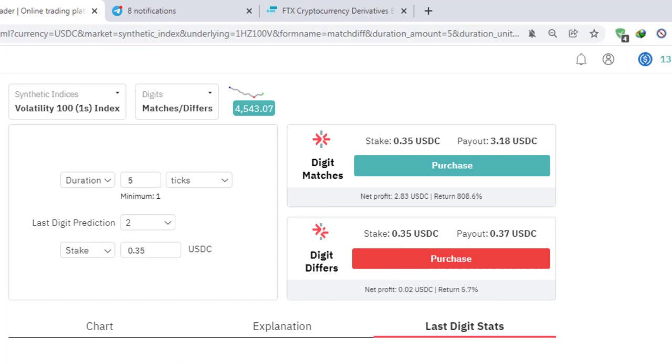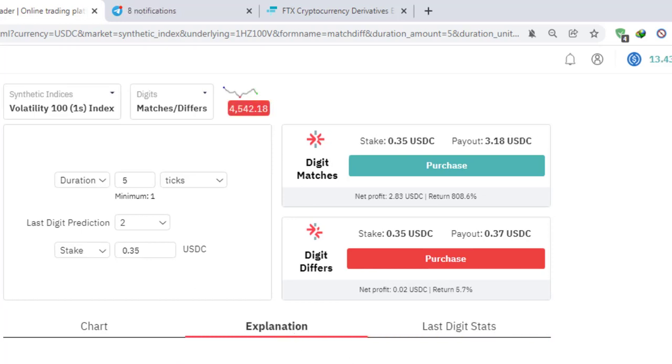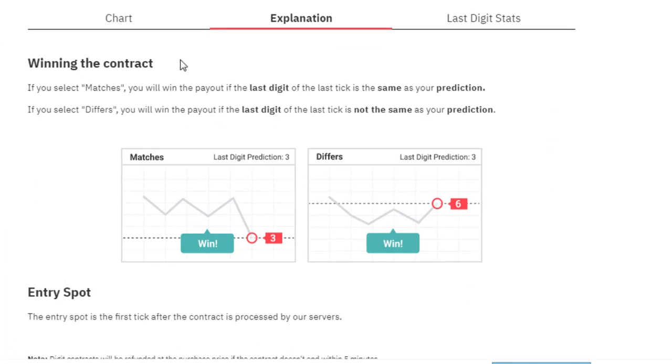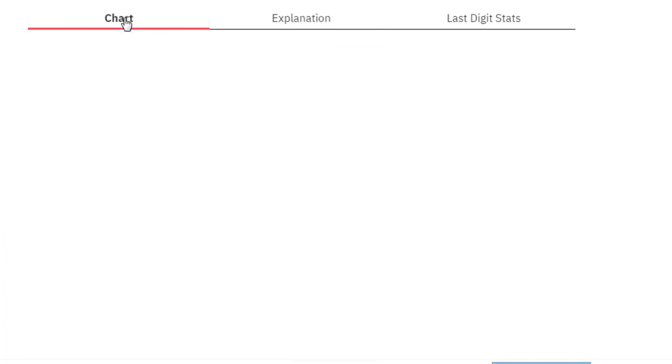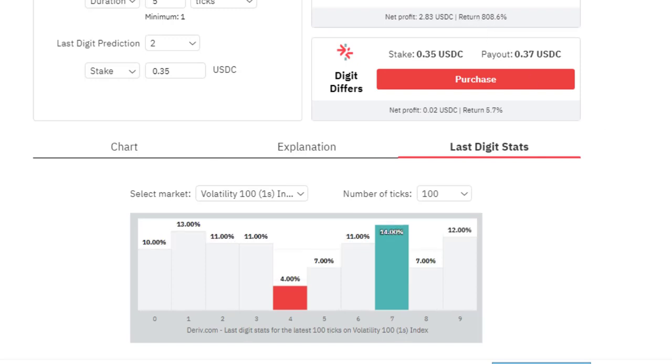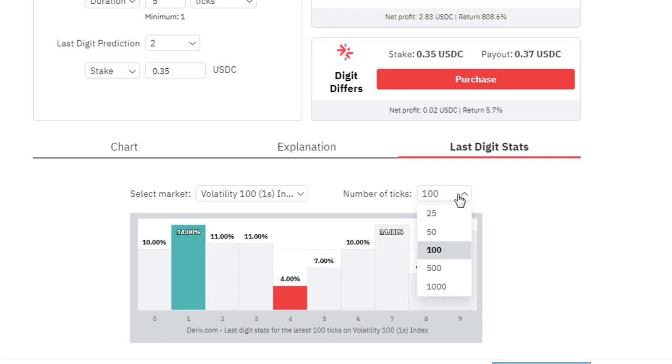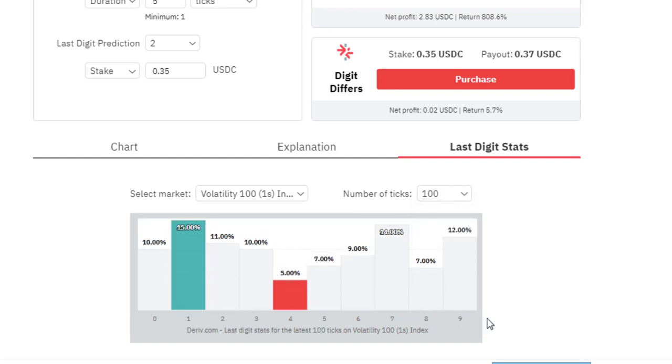From here, the explanation is here, and then you can see the chart here. But what you need is the last digit statistics. This tells you that in the last 100 ticks, which of these digits came out repeatedly.